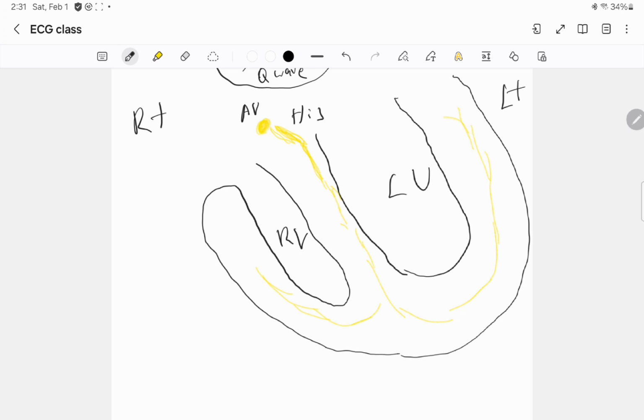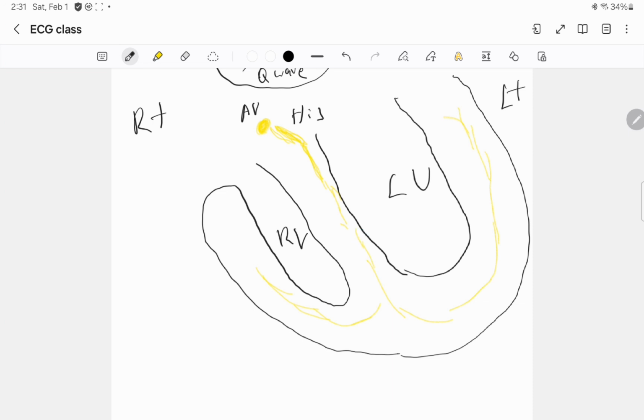All right. So let's speak a little bit about the sequence of depolarization in the ventricles. What this diagram illustrates is that we have an AV node in the apex, which then goes into the His bundle, then into Purkinje fibers, which are inside of the right and left ventricle.